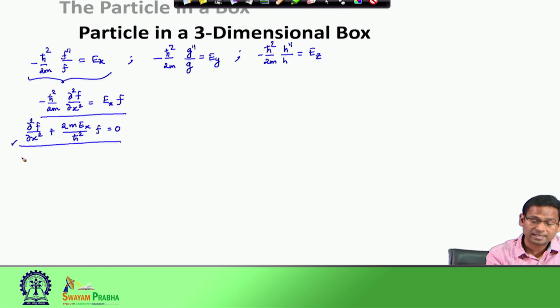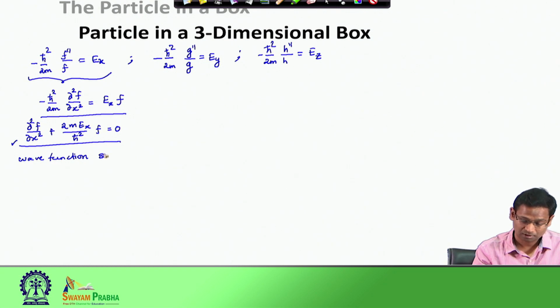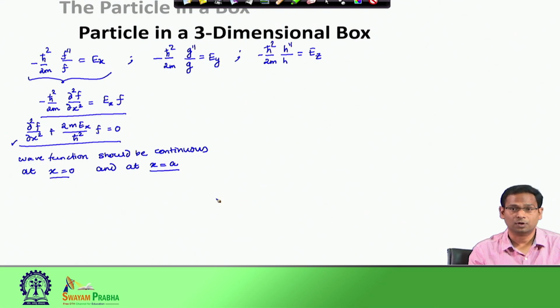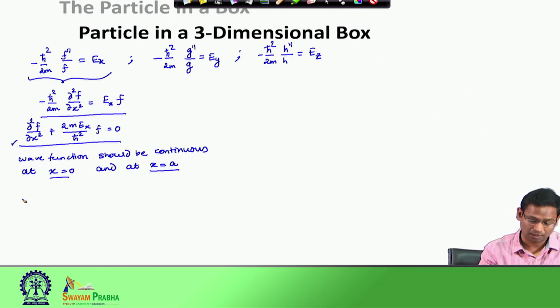So, when I am talking about x axis, I should say that the wave function should be continuous at x equals 0 and at x equals a, because that is the length of the box along x axis. So, when I impose this condition, we would actually get back the solution that we already are familiar with as a particle in 1-dimensional box.